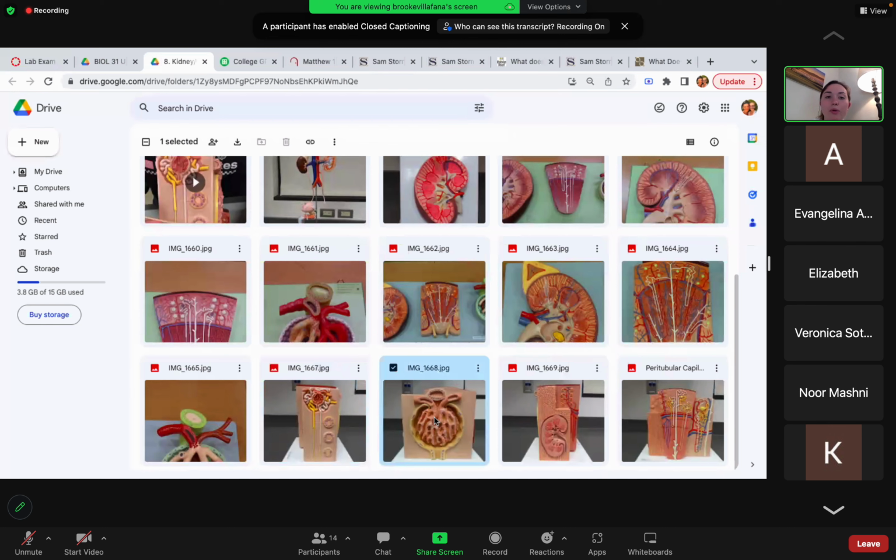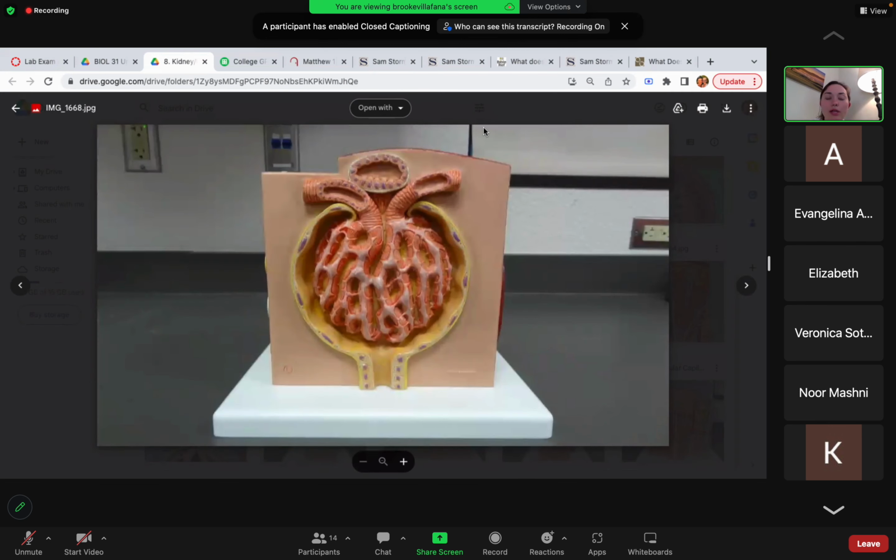Last part of the model here. This one is the same thing I labeled before, but the weird thing about this model is it kind of looks odd. So this would be your afferent coming in, and this is your efferent going out. The reason it looks odd is because they're all the same color, but what you should know is that afferent is always on the left, efferent is always on the right.